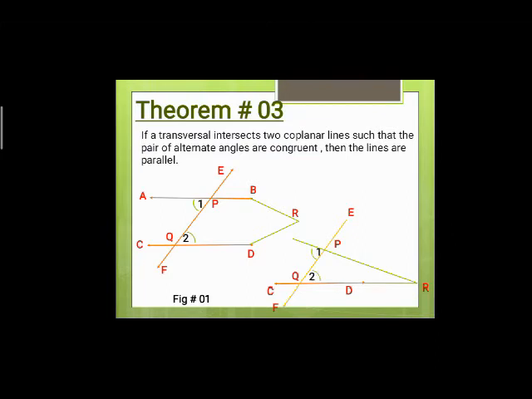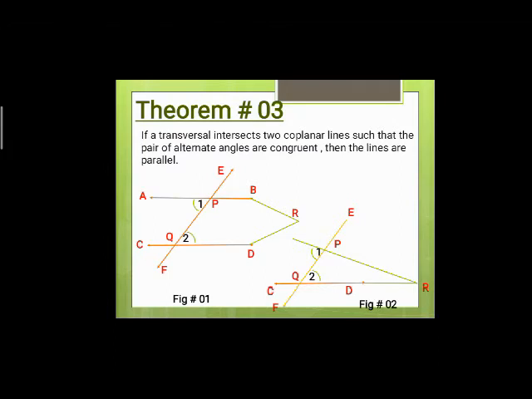Then angle 1 is equal to angle 2, which is already given in the statement. Then it means both lines must meet at some point R. That is what we assume. But in the proof we have to prove that both lines are parallel, so we assume that both lines are not parallel, they are intersecting at some point, which we name R. Okay, that's figure number 2.